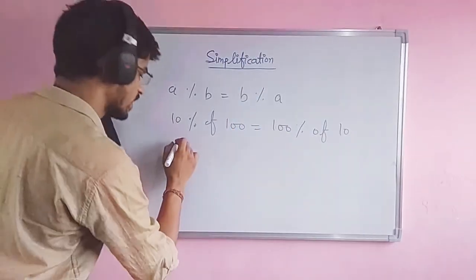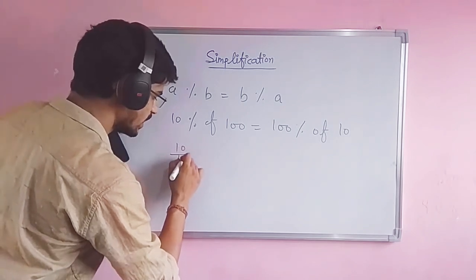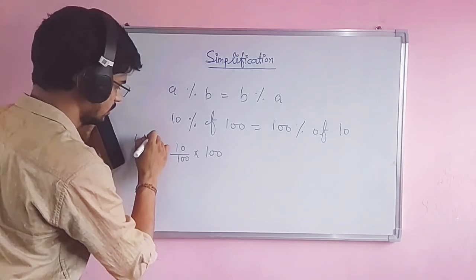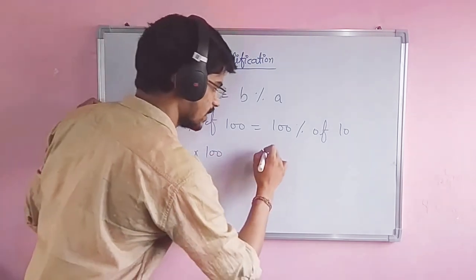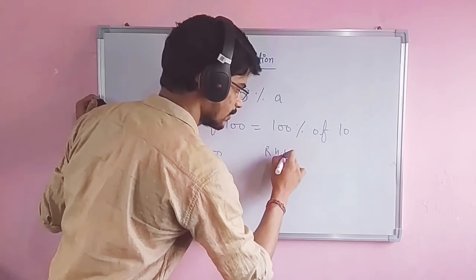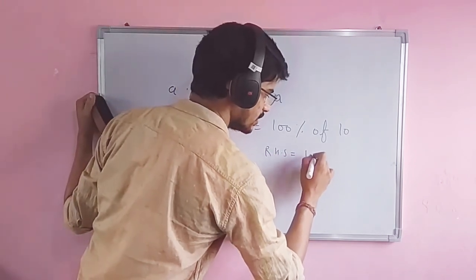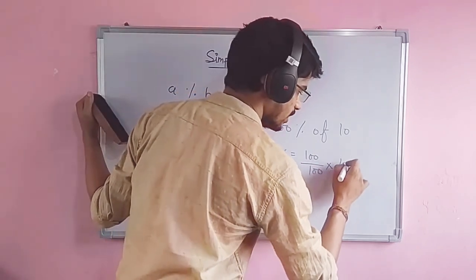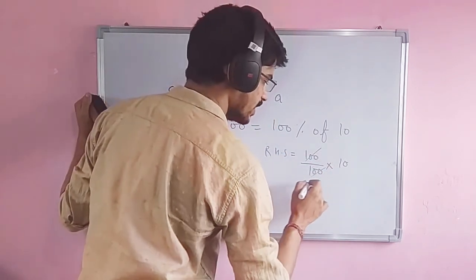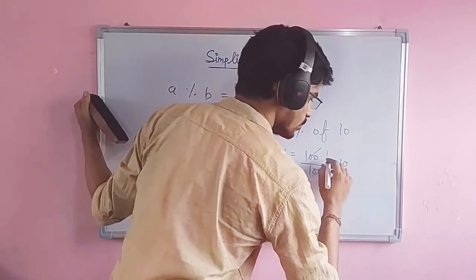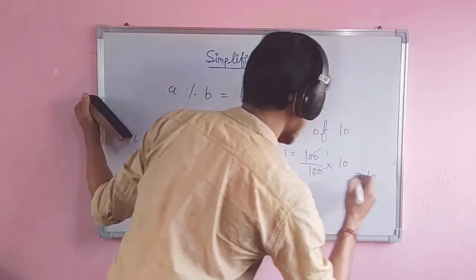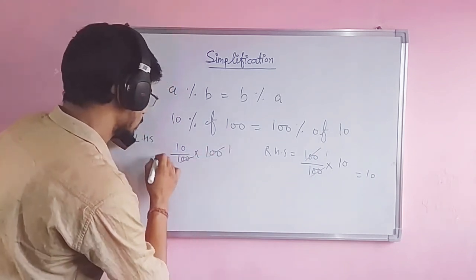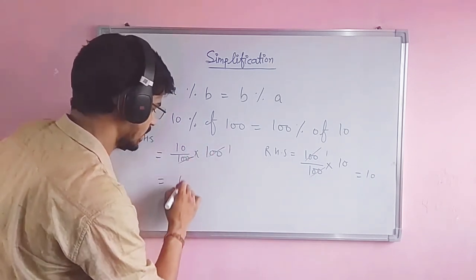Let's see how. 10%, 10 upon 100 times 100 is the LHS. Next is the RHS: 100 upon 100 times 10 is equal to 100 divided by 100, that is 1, into 10 is equal to 10 on the right hand side. On the left, 10 upon 100 times 100 gives 10.